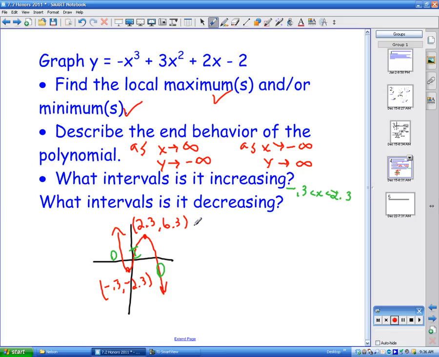And then for decreasing, it's decreasing in 2 spots. That would be from negative infinity to negative 0.3. So we could say x is less than negative 0.3. Or from 2.3 on forever. And so we would say x is greater than 2.3.